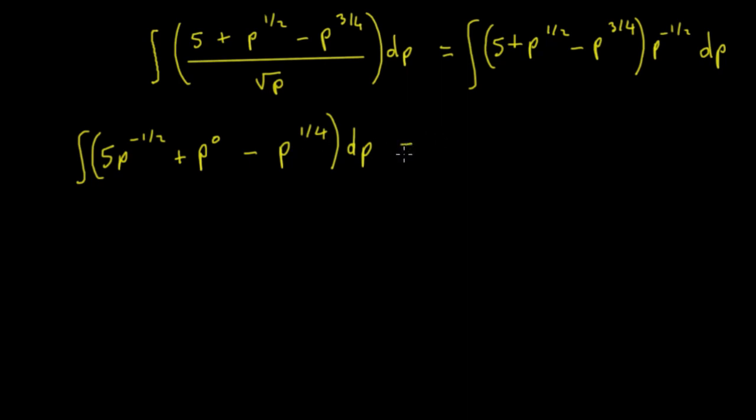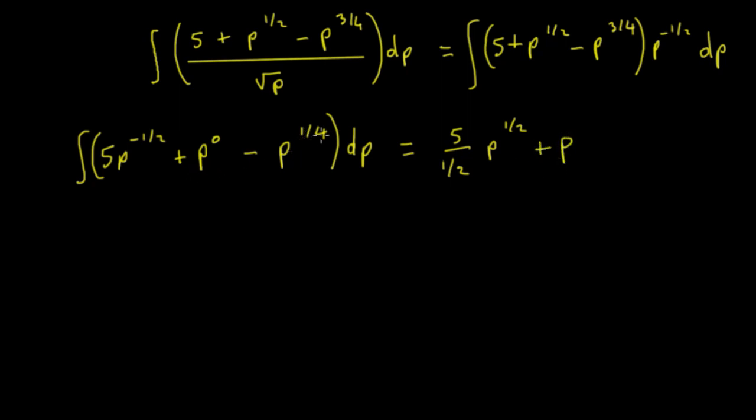So we're in a position now that we can actually do the integration. So that's going to equal, whenever we integrate it, well, we add 1 on here, so that gives us p to the power of a half, and we divide by a half, so it's 5 upon a half p to the power of a half. Now p to the power of 0 is just 1, so whenever we integrate 1 we get back to just the value of p.